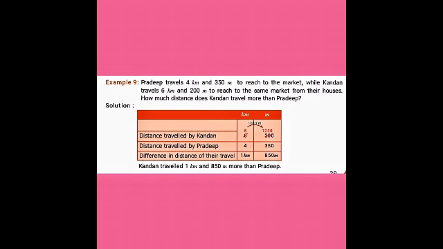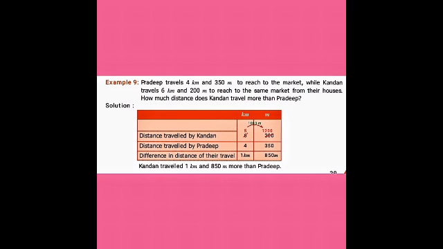Distance traveled by Kandan is equal to 6 kilometer 200 meter, the longest, so we should write the longest one first. The distance traveled by Pradeep is 4 kilometer 350 meter. You want to find the difference between these two distances. We cannot subtract 350 from 200, so we have to borrow.